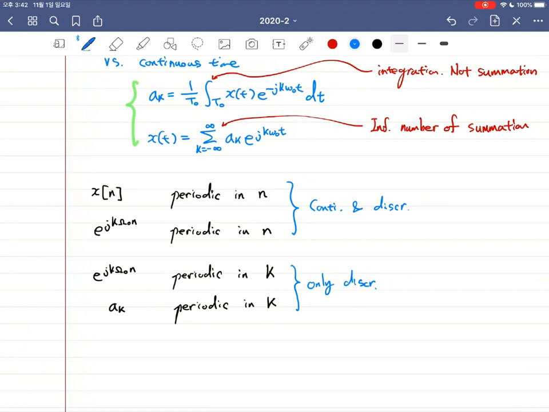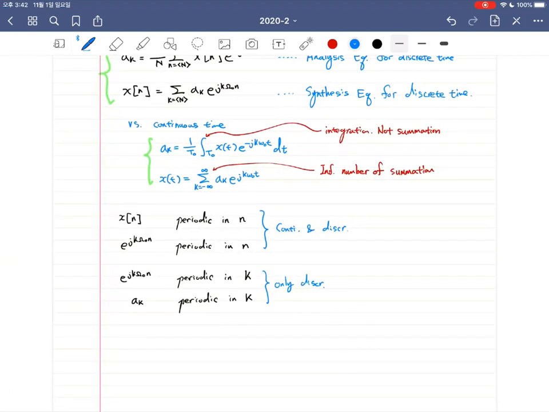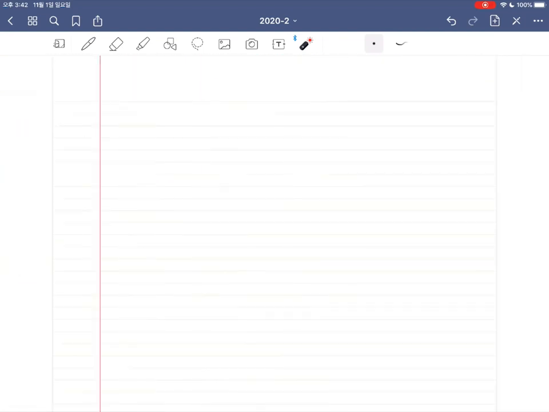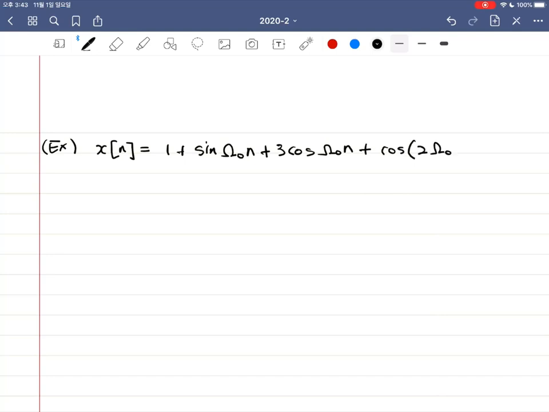Now I think we can move on to some examples. The first example is the discrete time signal where we have 1 plus sine omega 0 n plus 3 times cosine omega 0 n plus cosine of 2 omega 0 n plus pi over 2.